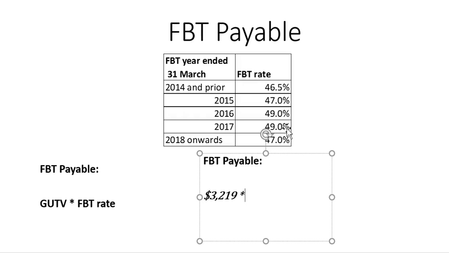Our date was the 5th of April 2016, so that's included in the 2017 FBT year, or the one that ends 31 March 2017. So we've got to use 49%. So this calculation comes to $1,577 that the company would have to pay in fringe benefits tax.